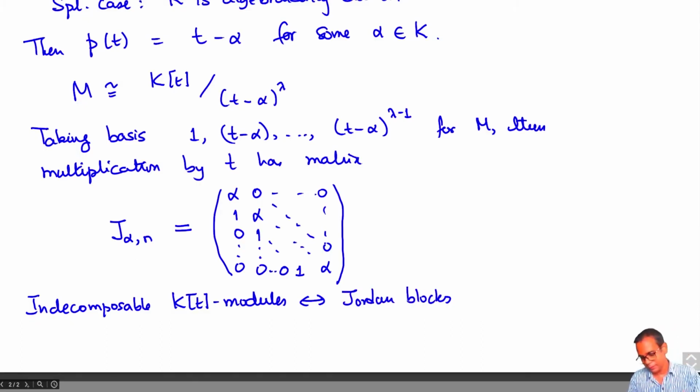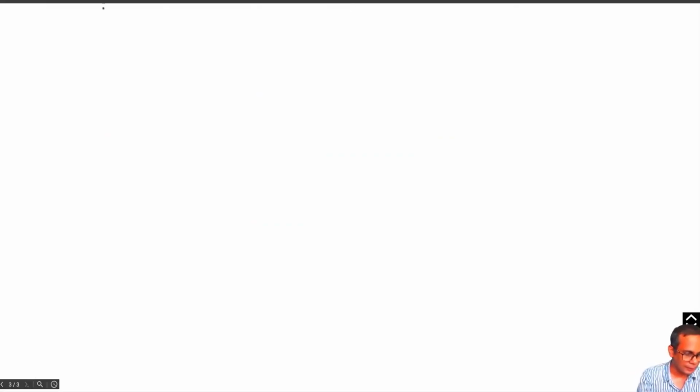Now we can turn this thing backwards, and we can also say that given an n by n matrix A in K, we can form a K[t] module.